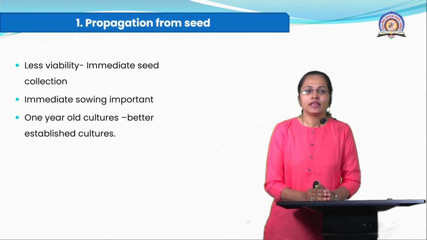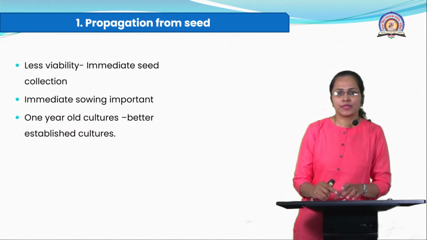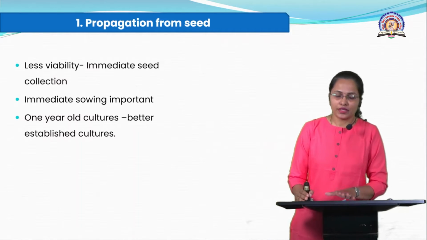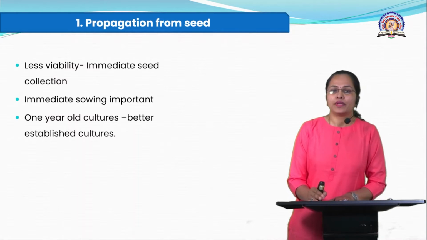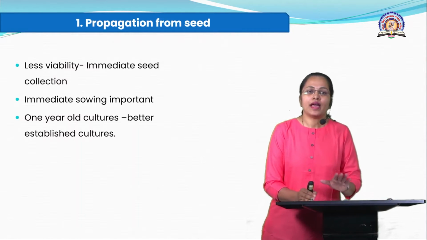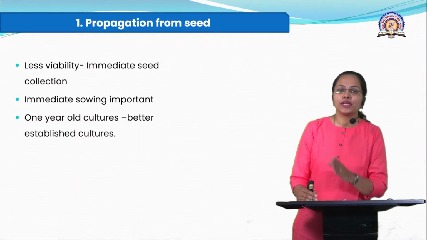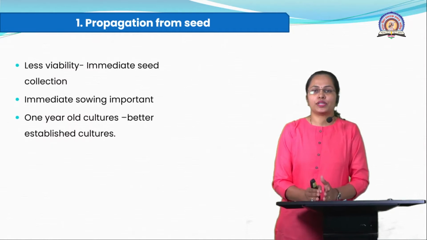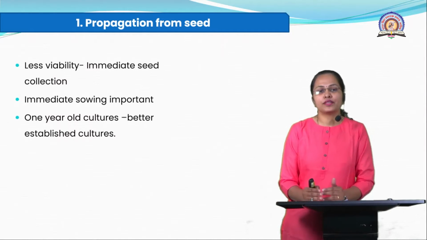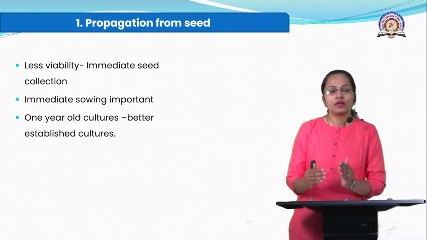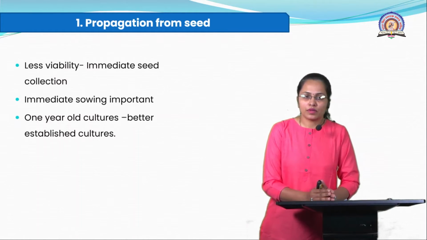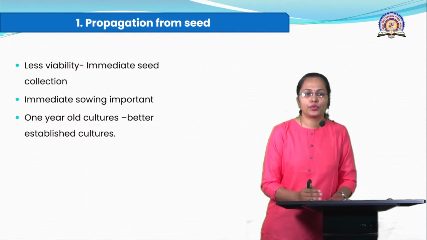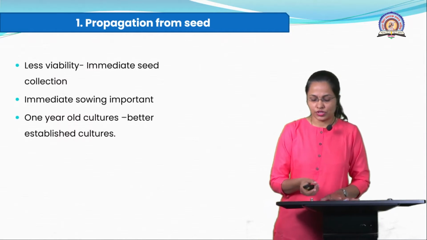Viability is the period in which a seed has the ability to grow into a plantlet. In the case of bamboo the viability of seed is very low, and therefore after flowering the seeds should be collected immediately and sown immediately, and this leads to the production of plantlets of bamboo. These plantlets are allowed to grow up to 1 year in order to get better established culture.